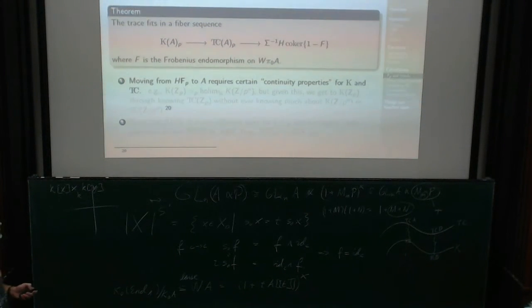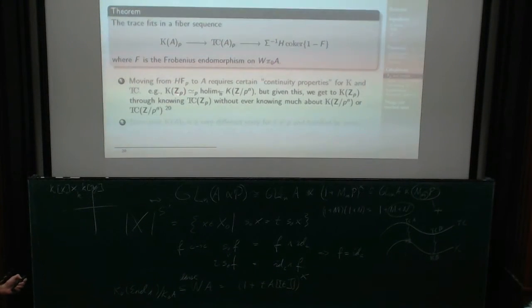And in certain cases, K-theory and topological cyclic homology do have what you could call continuity properties. That is to say that ZP is just the Witt vectors of FP, the inverse limit of Z mod P to the n. So here the limit is on the inside, and here the limit's on the outside. And I think it's a theorem of Panin that says that after P completion, these two things are the same. And there are similar theorems in similar situations.